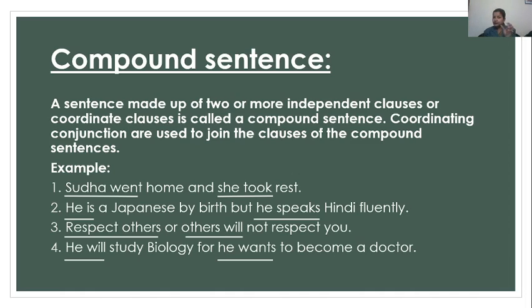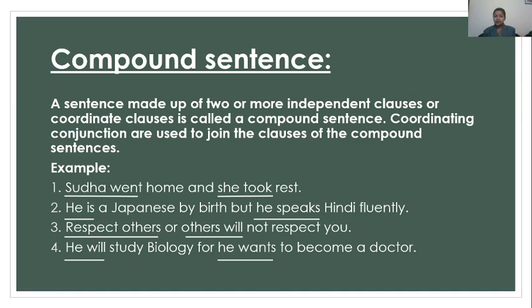So by looking at the use of coordinating conjunctions, you can easily understand whether the clauses are independent or dependent. This coordinating conjunction always joins independent clauses. वो डिपेंडेंट और इंडिपेंडेंट को ज्वाइन नहीं करते हैं. कोऑर्डिनेटिंग कंजंक्शन always join independent clauses.